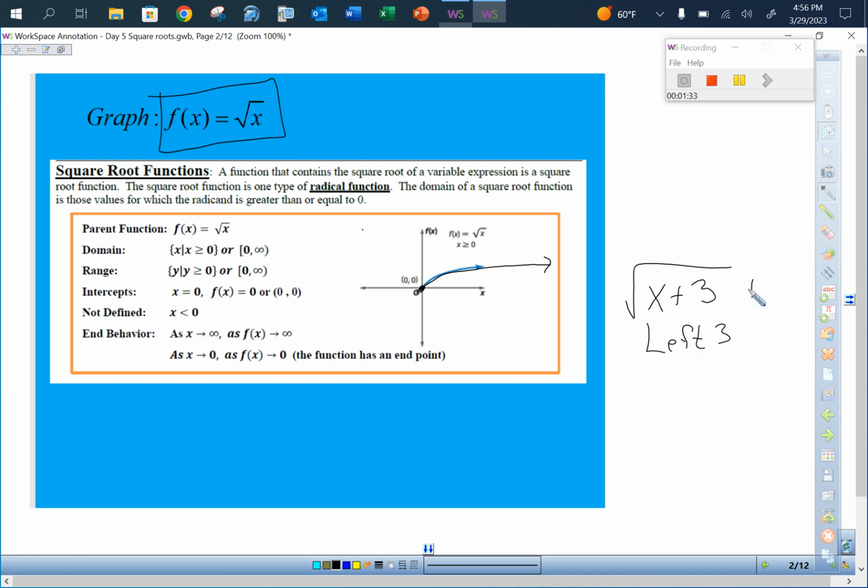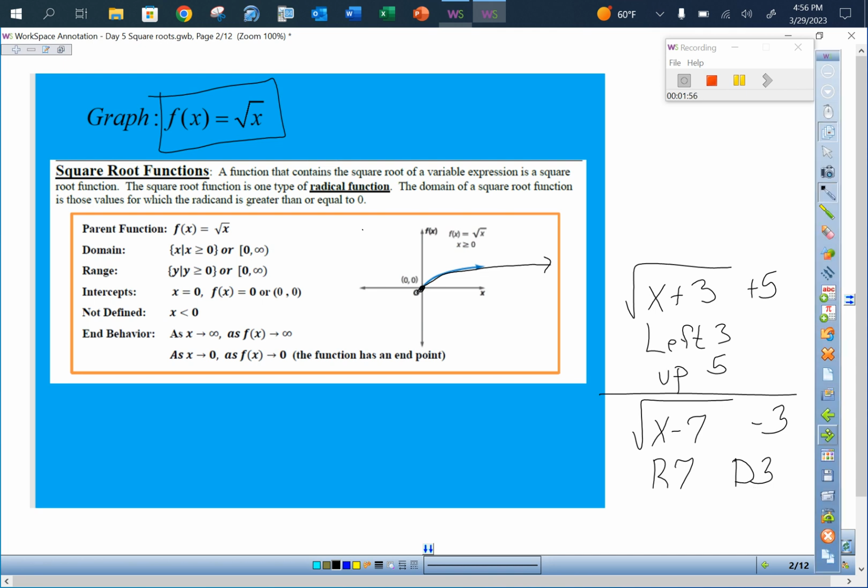If you see a number out back, it's going to move it up that amount. If you see something like this, this is going to move it right 7 and down 3. But I'm going to show you those on the first 4. So it's one of those things, take my word for it. We've done them before, not that you may or may not remember them, when we did parabolas and V-graphs.